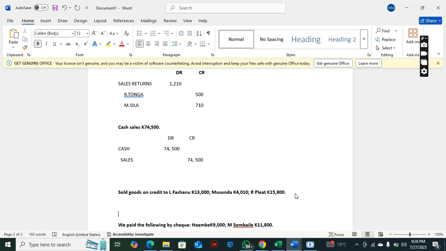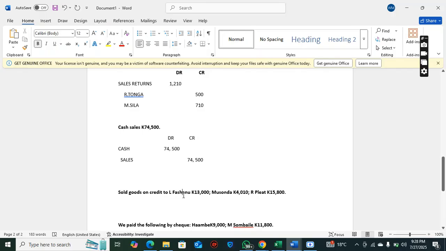Anybody to give it a try? Colleagues, this is a credit sale. Okay. It's the same like this, but the only difference is cash hasn't been exchanged.